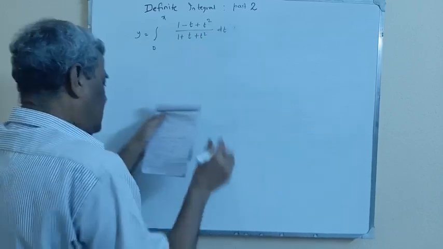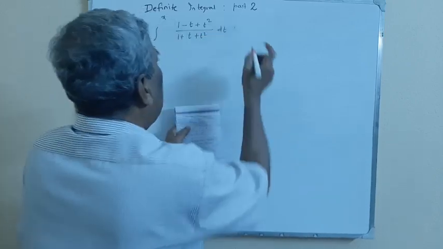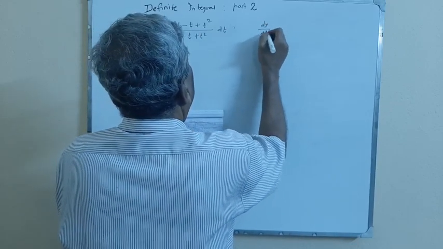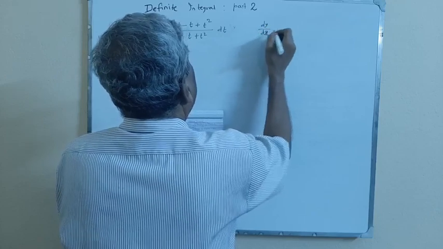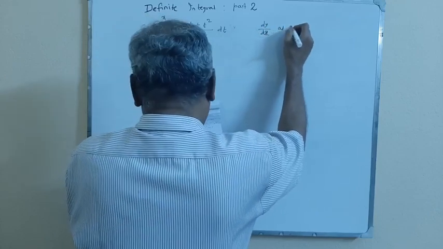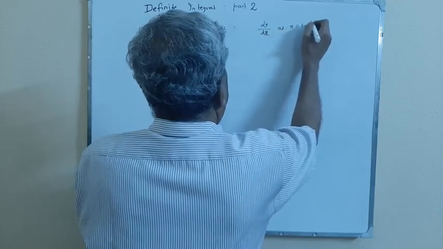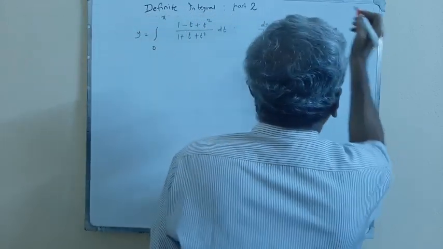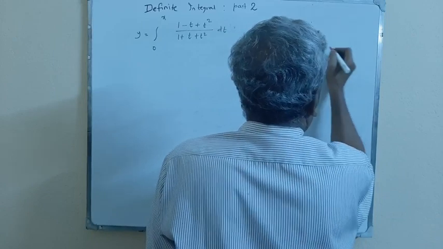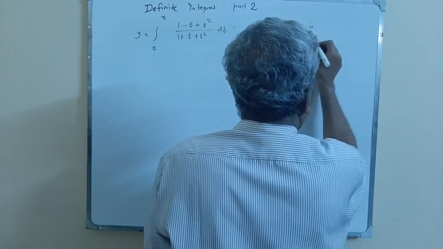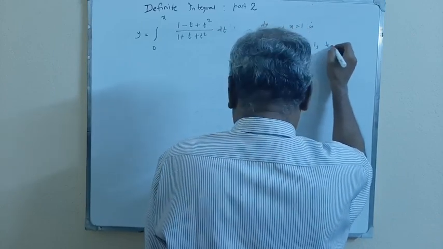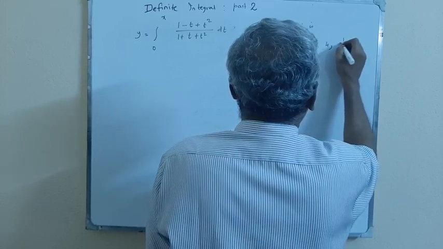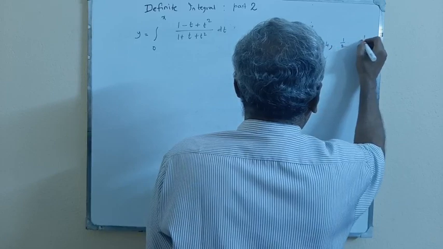This is y. Then dy dx at x is equal to 1 is? The options are 1, 4, 1 by 2, 1 by 3.